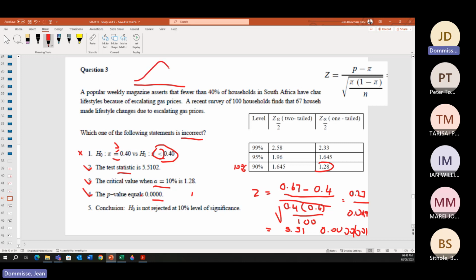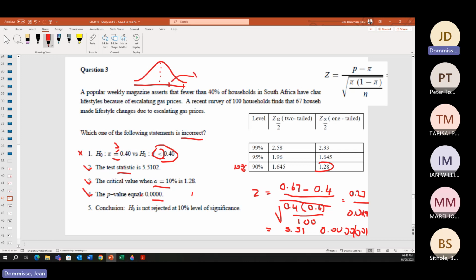So let's look at rejection or not. So critical was there 1.28. There is your t-stat.